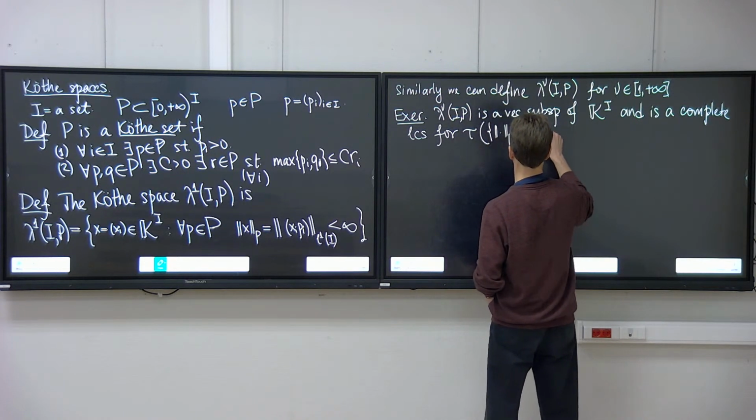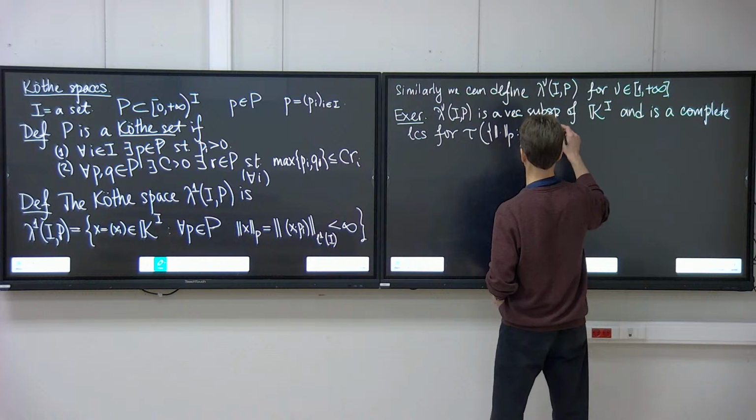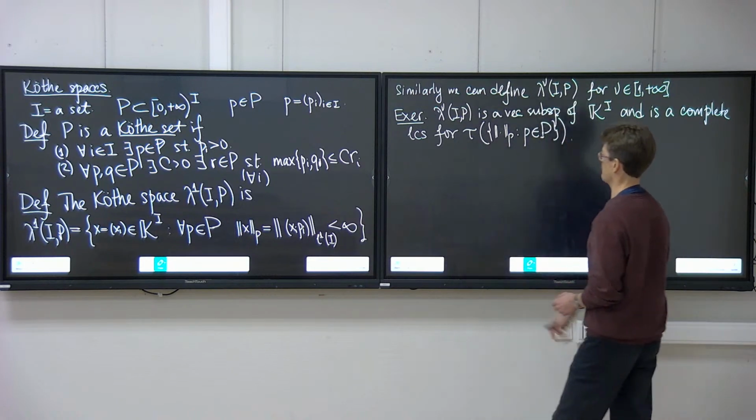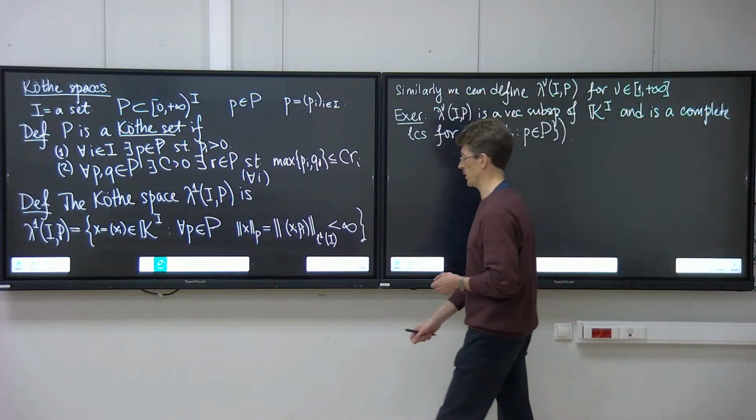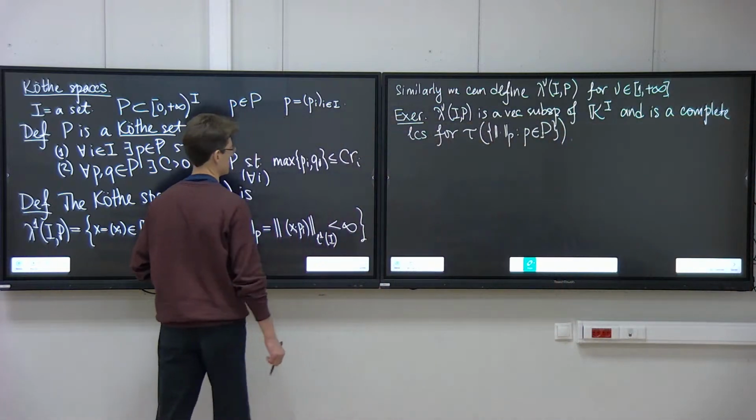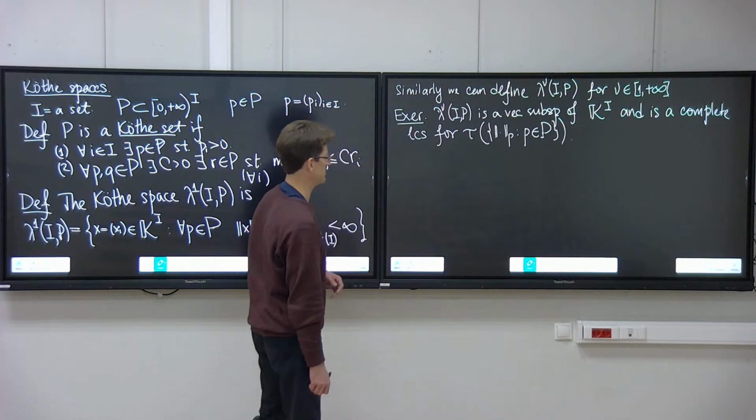So the seminorms are indexed by elements of the respective Curtis set. The completeness is proved in exactly the same way as the completeness of little l nu spaces.